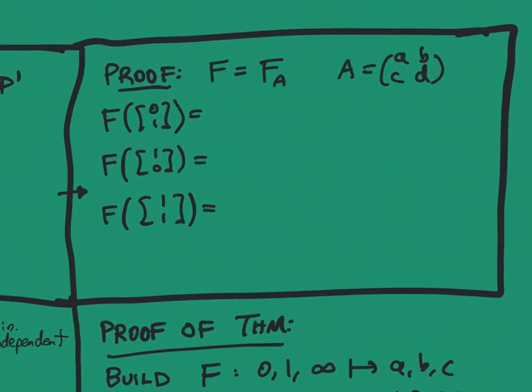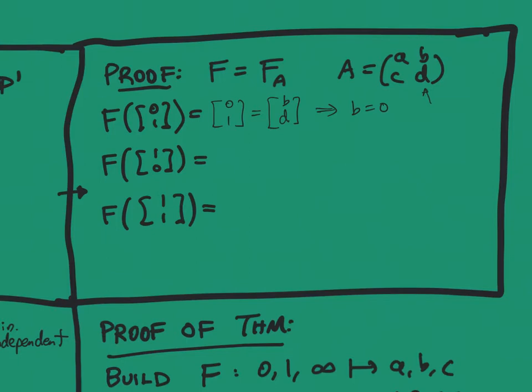So we take such a fractional linear transformation and see what it means for it to fix these 3 points. If it sends [0, 1] to [0, 1], that means [0, 1] is equal to the second column of our matrix inside of CP1. So this just implies that B is 0 and D is non-zero.